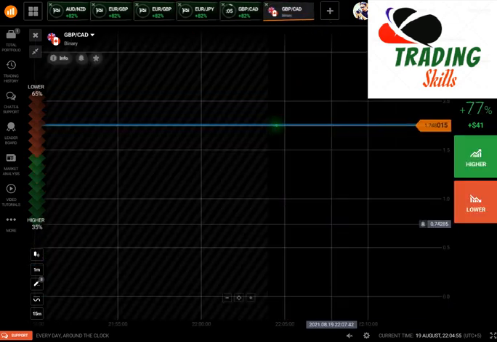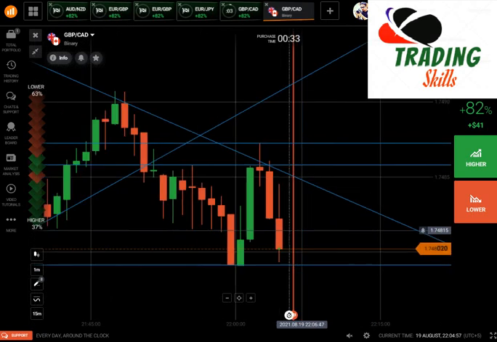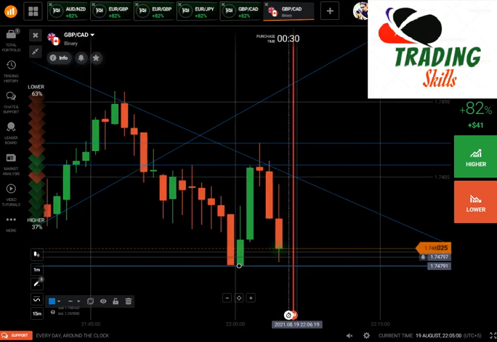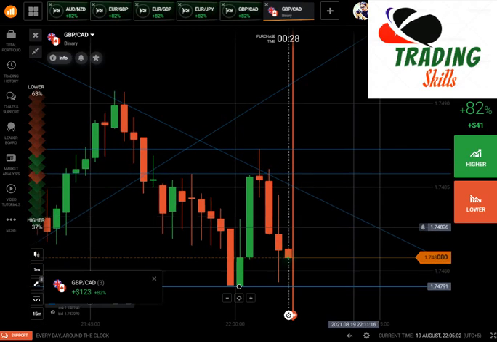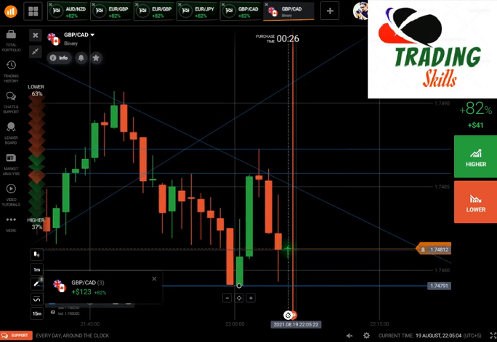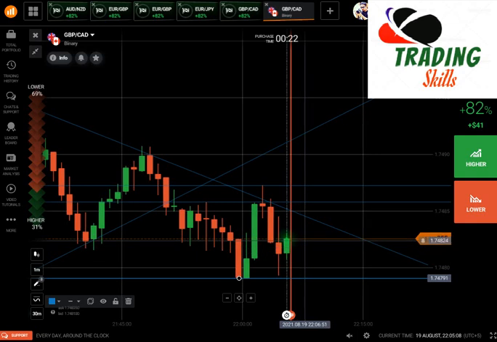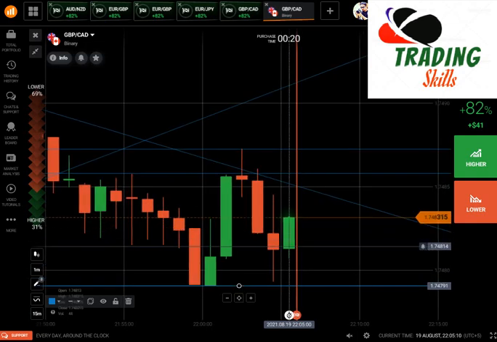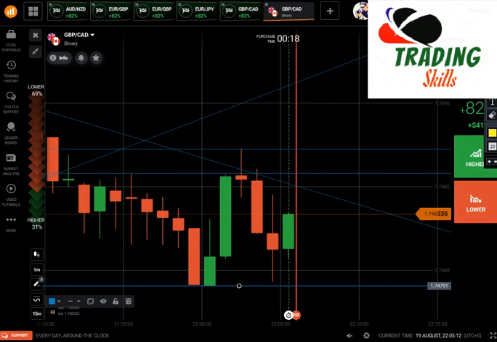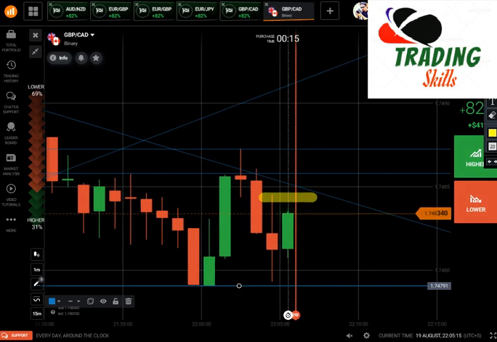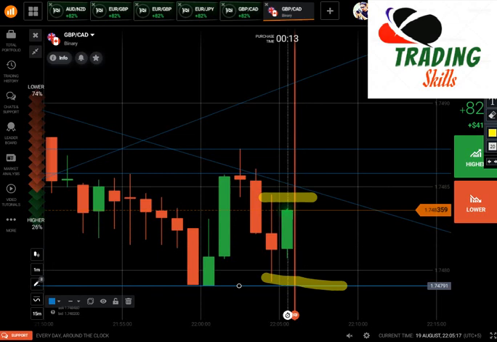So I need to wait for the strong candlestick. Again you can see I can go here again with the sellers also, but right now the situation is not good because it is a long leg spinning top.